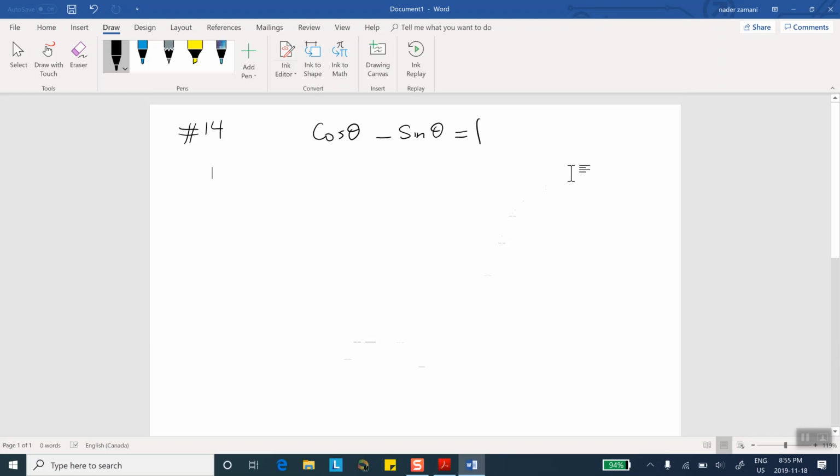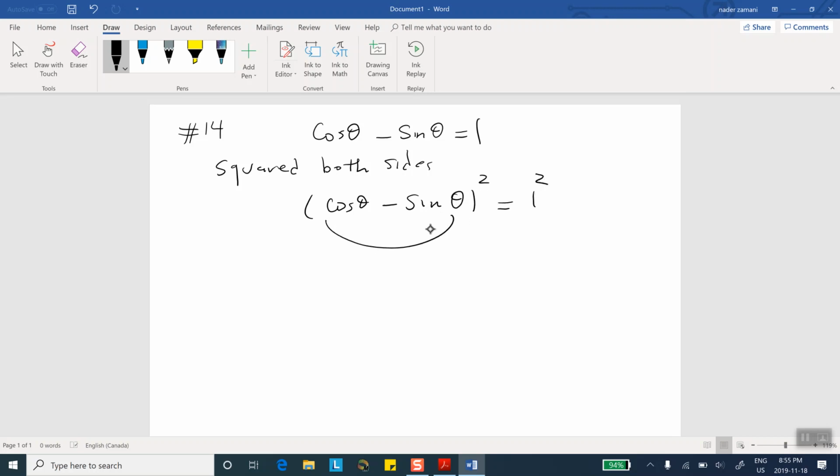Okay, so what I did is I did a problem like that in class. I squared both sides. You'll see why. So cosine of theta minus sine of theta squared equal to 1 squared. You FOIL this thing, cosine squared theta plus sine squared theta minus 2 sine theta cos theta equal to 1.